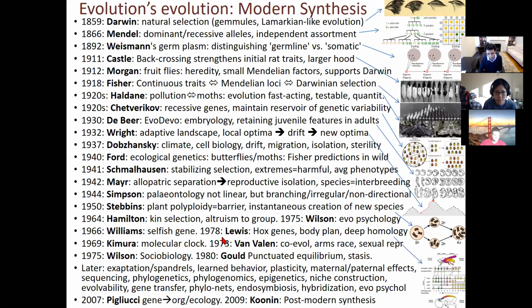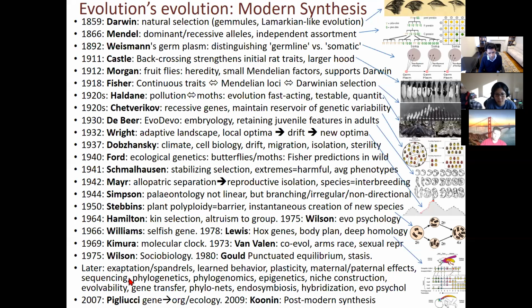Kimura building these molecular clocks, and this coevolution and this arms race of sexual reproduction. Then sociobiology and punctuated equilibrium. And then later, this concept of exaptation, of reusing things in evolution that initially evolved for different functions, learned behaviors and this plasticity, or the battle between maternal and paternal genomes that leads to maternal and paternal effects through imprinting.